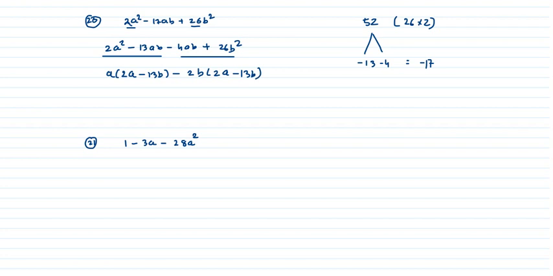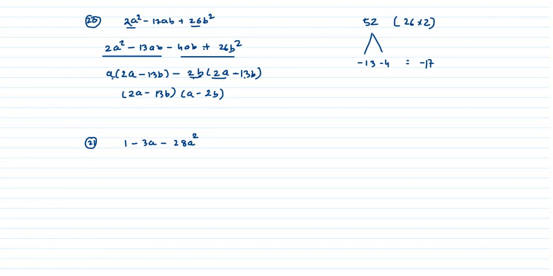You can cross verify also. How? 2b minus 2a is 4ab. Minus minus plus, here is plus 2b into 13b, that means 26b square. The bracket value should be common, so that is there already. So 2a minus 13b is my common value, left with a minus 2b. See, this is your answer.